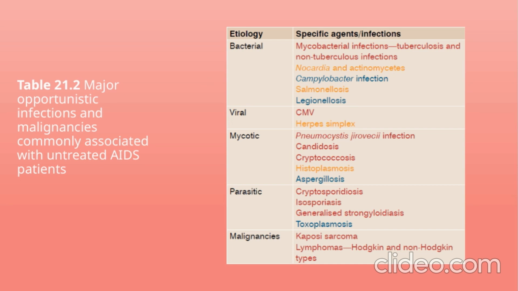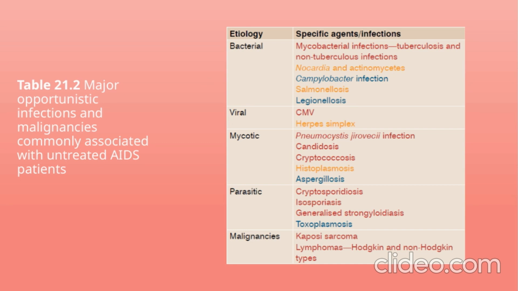You'll notice that many of these opportunistic infections, such as pneumocystis jirovecii pneumonia, candidiasis, and cytomegalovirus, are much more likely to occur in individuals with advanced immune suppression. Similarly, certain malignancies like Kaposi's sarcoma and non-Hodgkin lymphoma are more prevalent in untreated AIDS patients, further illustrating how HIV can lead to a range of serious complications if not managed effectively.